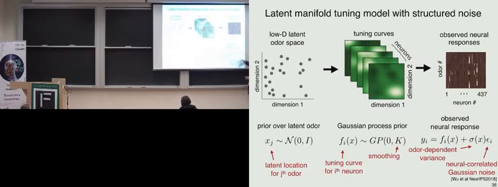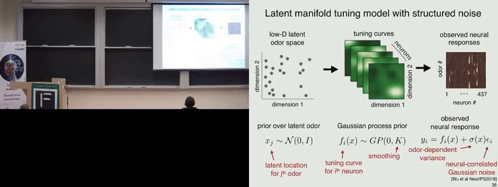You could use heterogeneous noise, either odorant dependent or with no structure, but here we assume sigma x is odorant-dependent variance, and epsilon i is neural correlated Gaussian noise. These two parts multiplied together give us this structured noise that explains the data better, because the neural noise could depend on the odorants. Each time you present an odorant, not only does the signal have correlation, but the noise has some correlation.